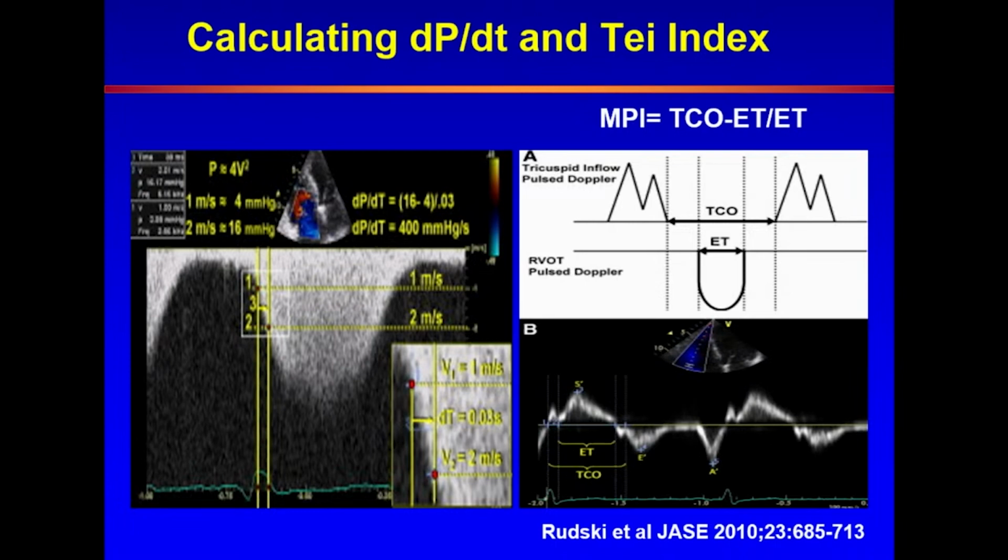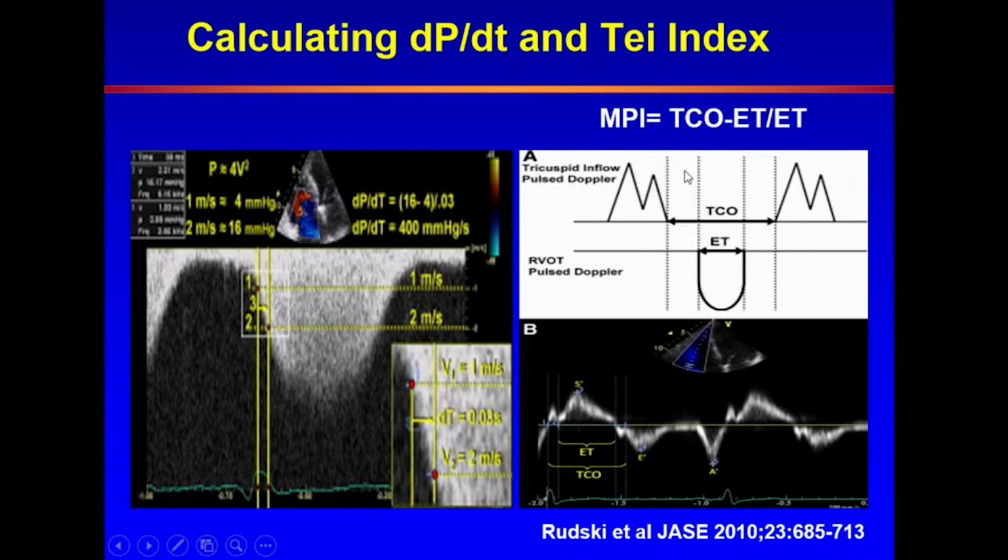Having said that, this is not a metric that is recommended, but the way I would say you want to use it is look at the slope. If you see something rising fast, steep, this is usually a better function. Something that is rising very slowly, then that's a worse RV systolic function. The magic number, the cutoff that is defining an abnormal value, is less than 400 millimeter mercury per second.